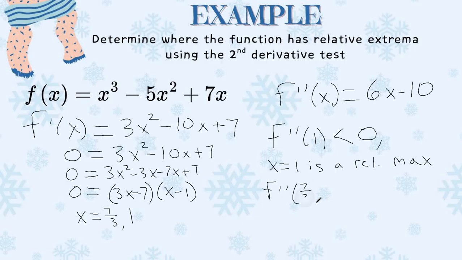Which means that 7/3 is a relative minimum. So remember, it means I'm concave up, but the U shape has a minimum versus the mountain shape has a maximum.